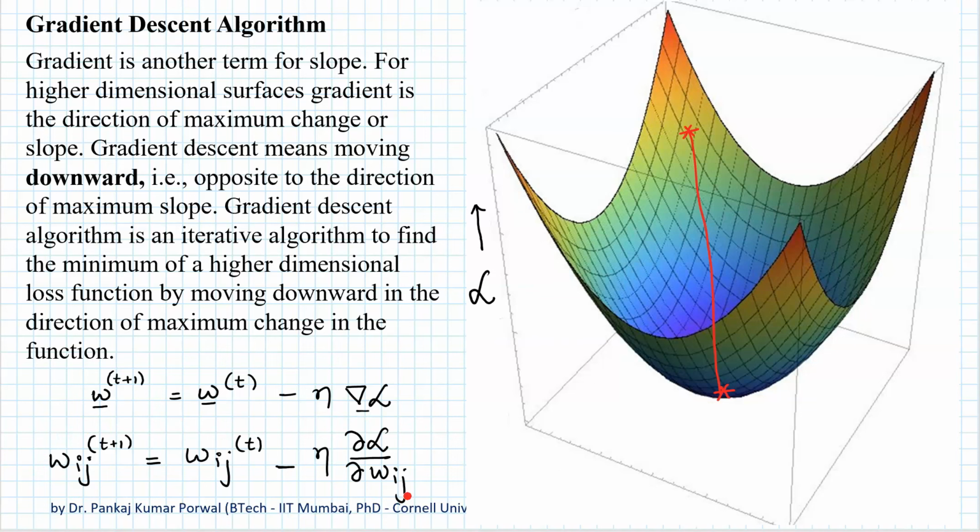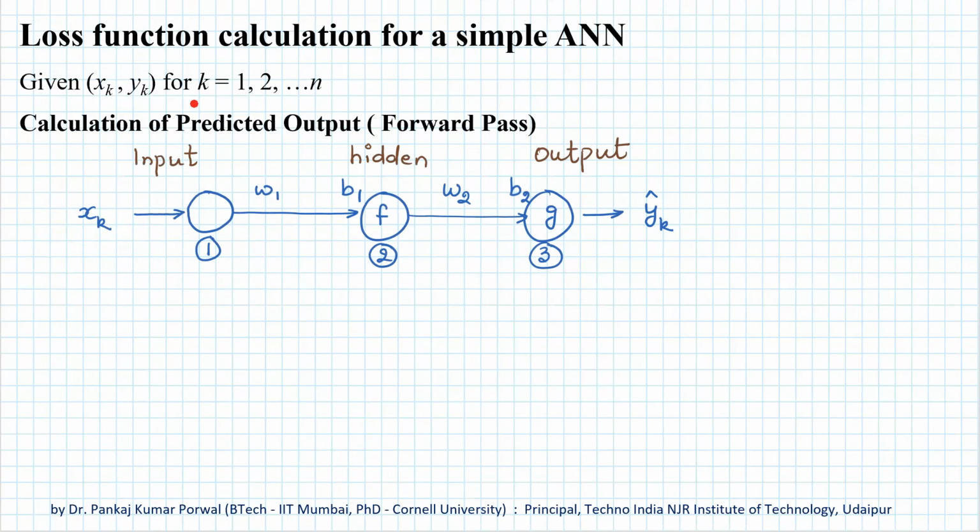easily update the weight. So let's say we are given n input-output data pairs in the form of xk, yk, and we consider a simple artificial neural network consisting of three layers: the input layer, one hidden layer, and the output layer. In each of these layers, we have only one node.